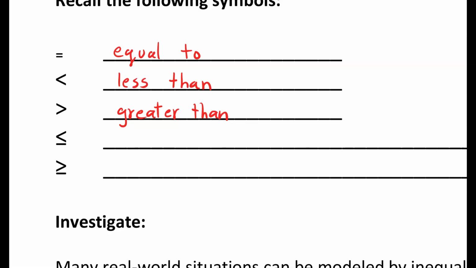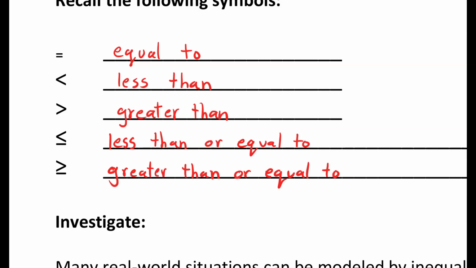And the symbol opening up to the right with a line underneath it is going to be less than or equal to. So that line underneath allows it to also be equal to that number you're talking about or less than it. And the last one, where it's opening up to the left and has a line underneath, is going to be greater than or equal to.